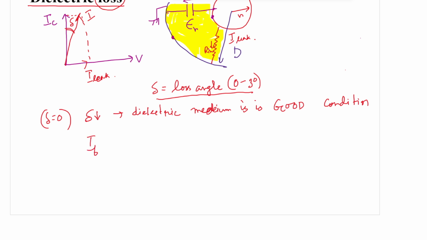If delta starts increasing over time, your dielectric loss increases, meaning the leakage current will be more. If after some time delta becomes delta 2, then the leakage current is again more.